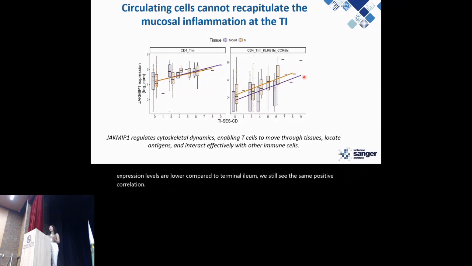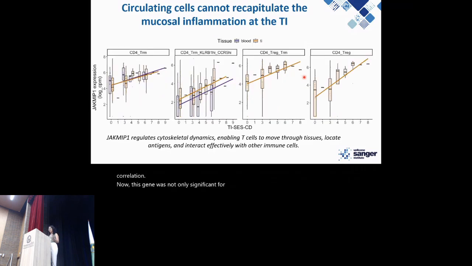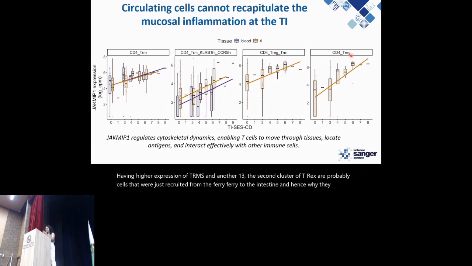Now, this gene was not only significant for TRMs, but also for Tregs. So in the case of Tregs, we had two different clusters, one that was having higher expression of TRMs and another that didn't. The second cluster of Tregs are probably cells that were just recruited from the periphery to the intestine, and hence why they were initially sampled from the terminal ileum.